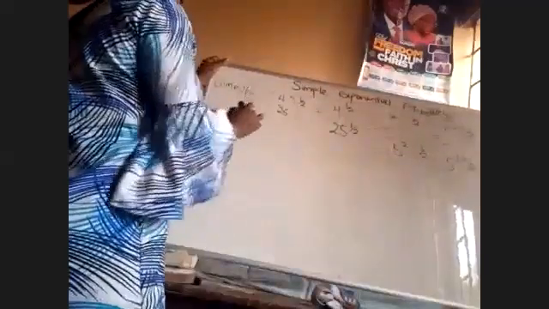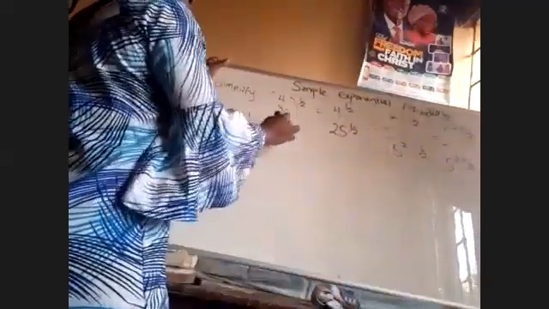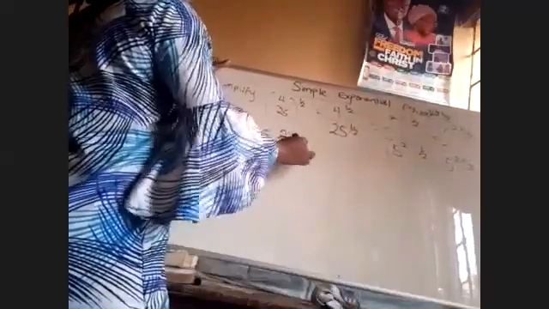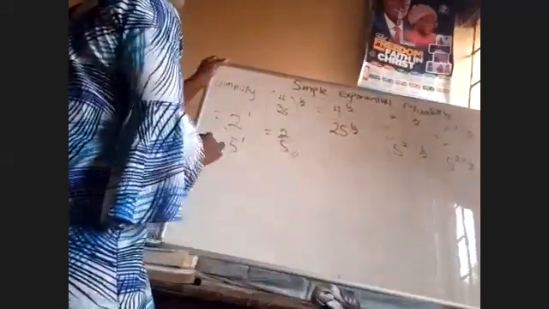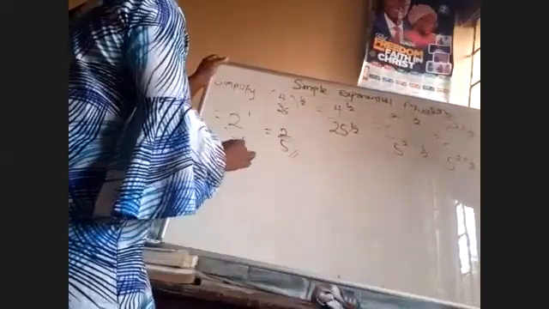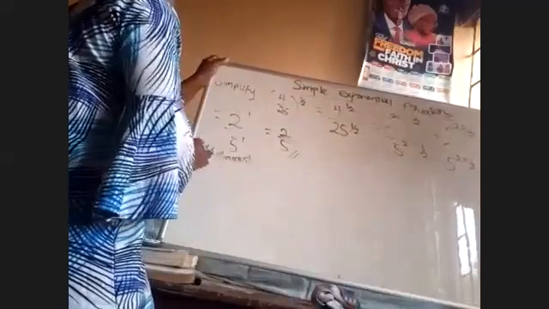So breaking 4 down, we have 2 raised to power 2 into half, over 25, which is the same thing as 5 raised to power 2 into half. This gives us 2 raised to the power of 2 times half over 5 raised to the power of 2 times half. When this cancels this, we have 2 raised to power 1 over 5 raised to power 1. Our answer is 2 over 5. Do you understand?